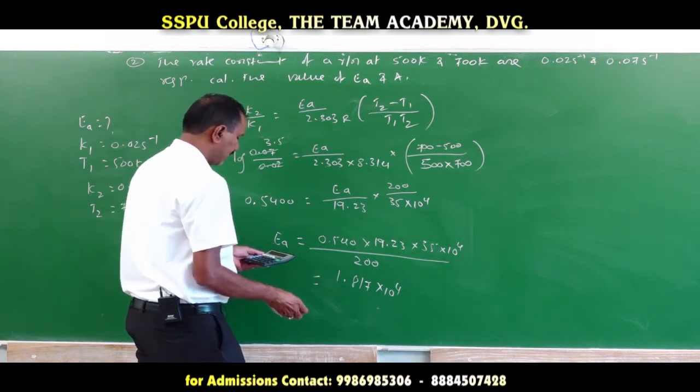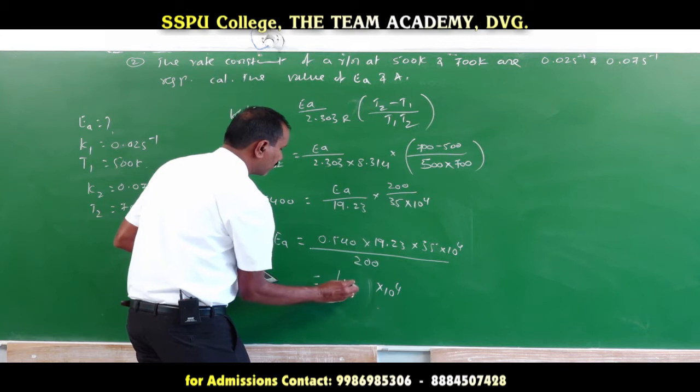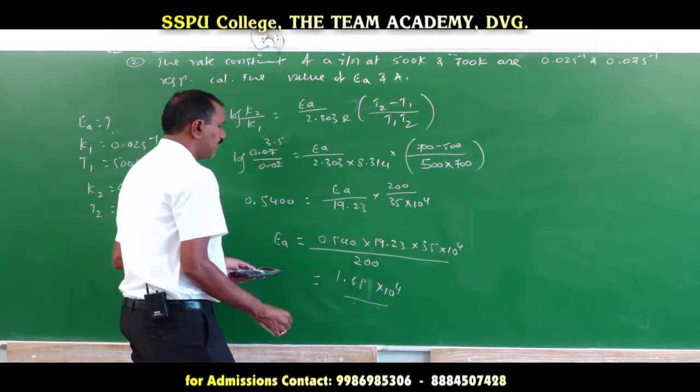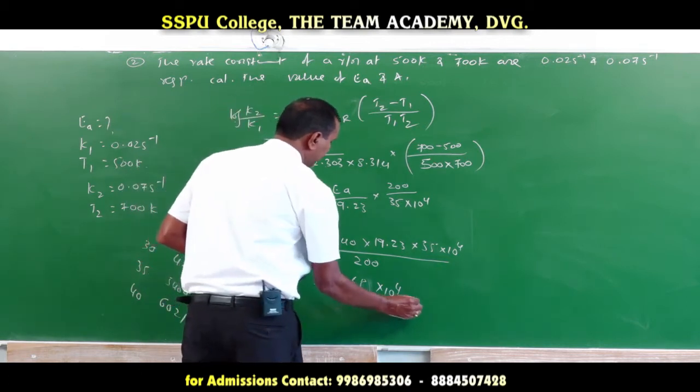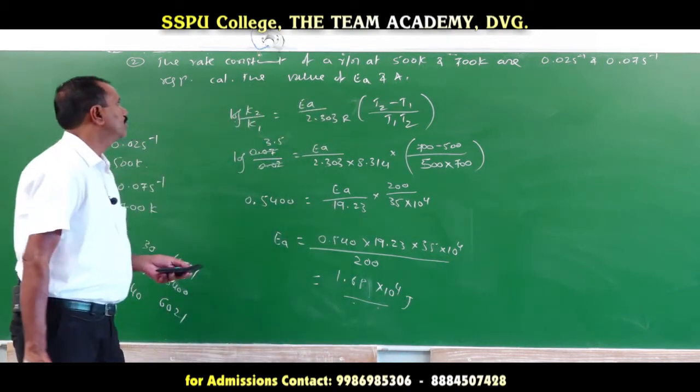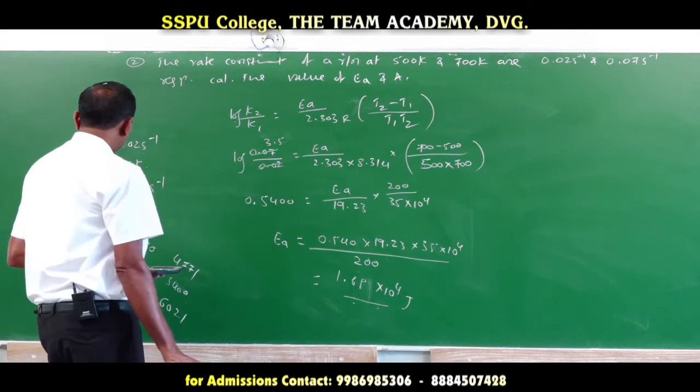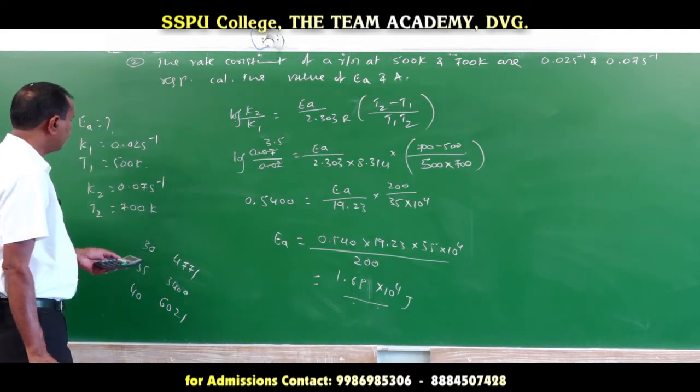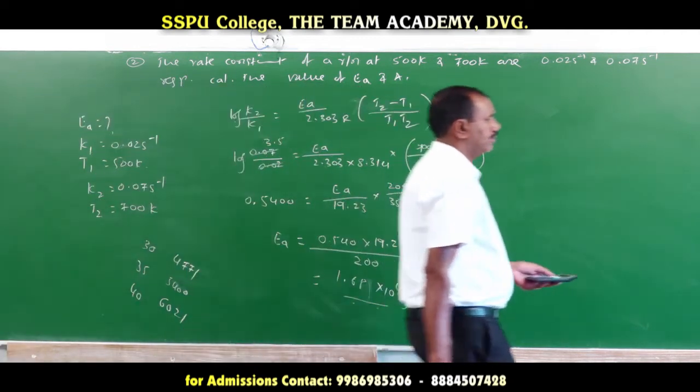It is 1.68 into 10 to the power of 4. That is the energy of activation, in terms of joules, joule per mole. Then how to find out the value of A?